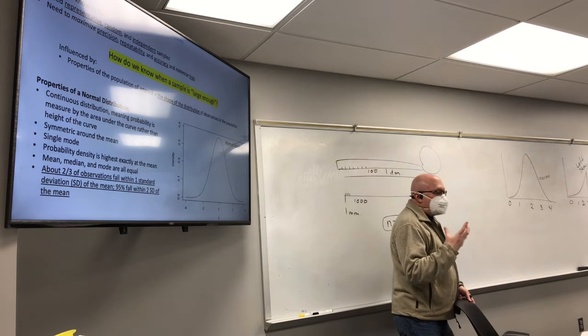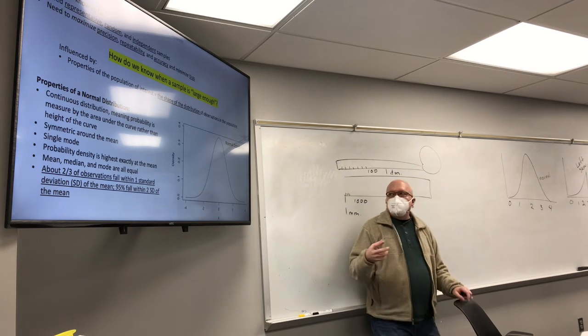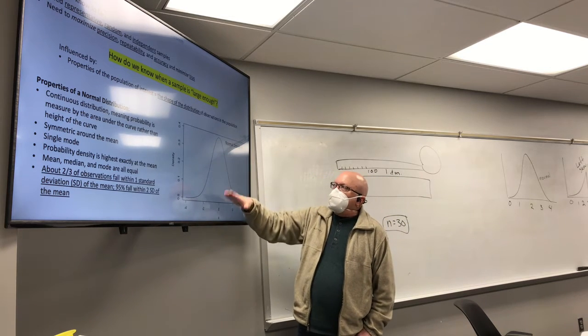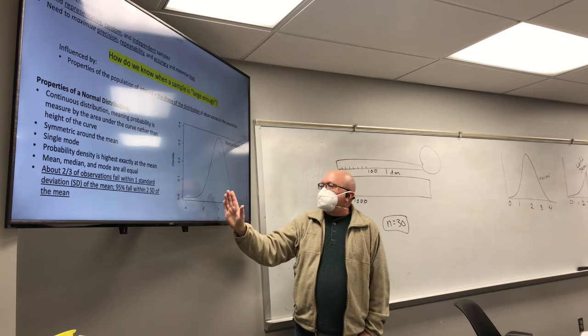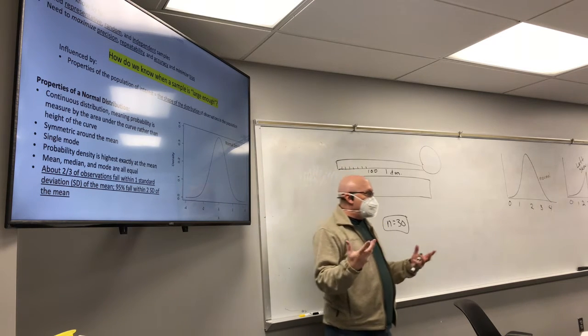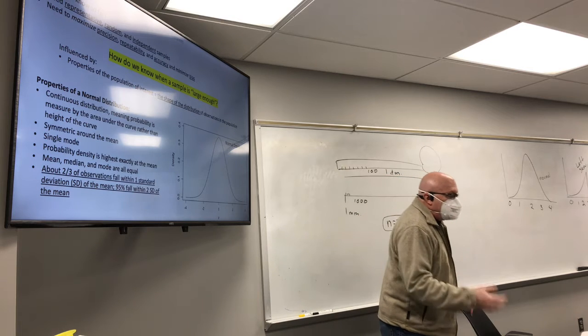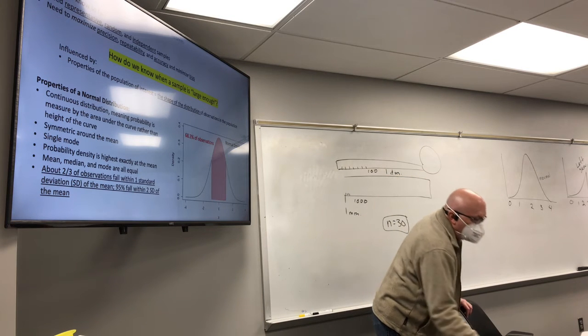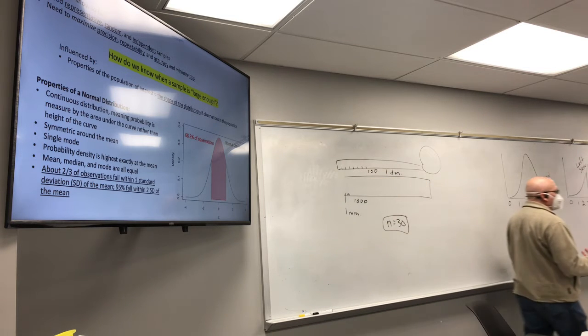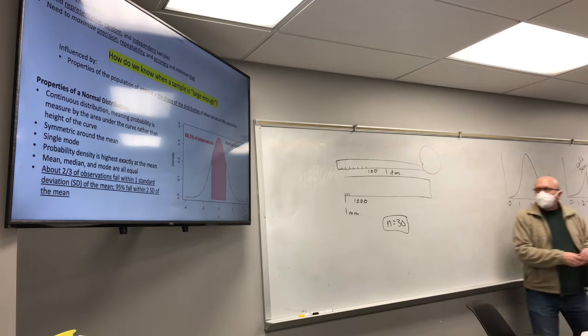One of the things that we know about the normal distribution is we know how much of the area underneath the curve exists at 1, 2, 3, and 4 standard deviations away from the mean. This is something called the empirical rule. And this is one of the first big important things that you need to remember.